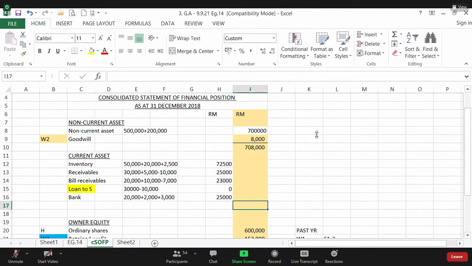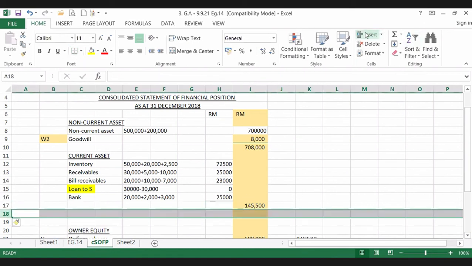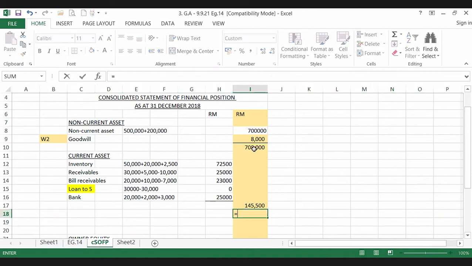So total for current asset was 145. So total asset, you got 853.